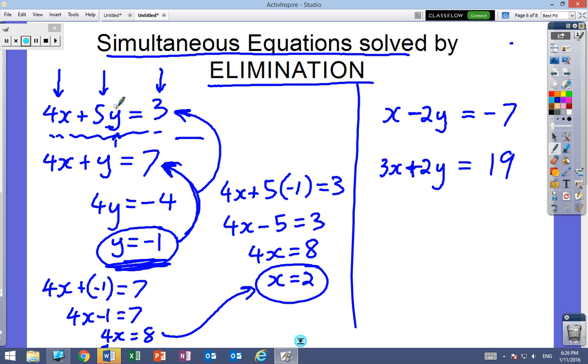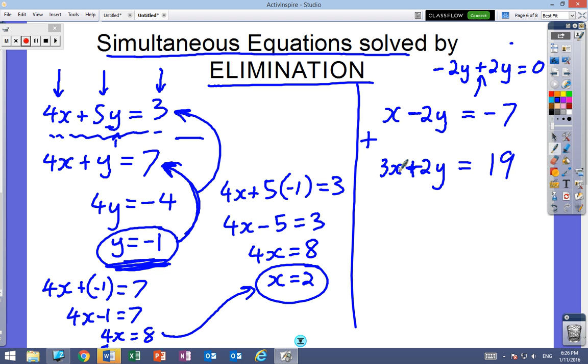Whereas over here I got rid of the x's by subtracting because 4x minus 4x is 0, over here, to get them to cancel, I would need to add them, because minus 2y plus 2y will make 0. So that's very important. You need to check, yes, they're the same size, but what will make them cancel each other out? In this case, adding them will make the y's cancel out.